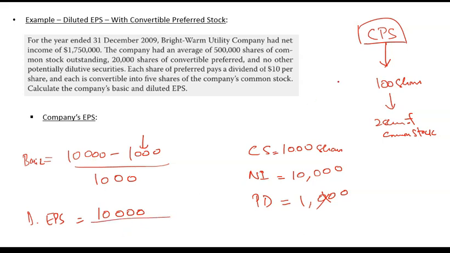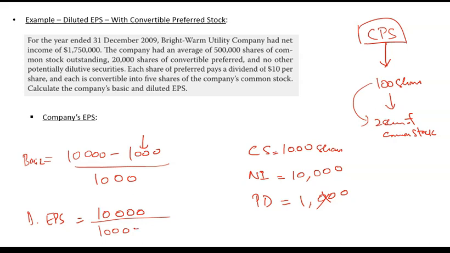In the denominator, I will need to make adjustment for number of shares. So common shares were 1,000. If I assume that these preferred shares have been converted into common shares, what would be the addition to common shares? 200. Because there are 100 preferred shares and each is convertible into 2 shares of common stock.